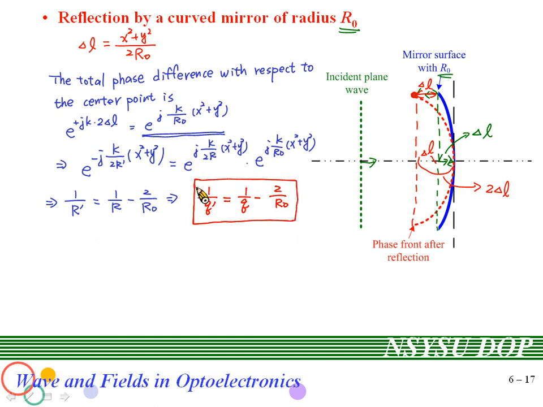Okay, so this equation describes the Q transformation for the reflection by a curved mirror of radius R0. And if you remember in the previous slide, we have derived the Q transformation for propagation passing through a thin lens. So for a thin lens, the Q transformation is written like this.